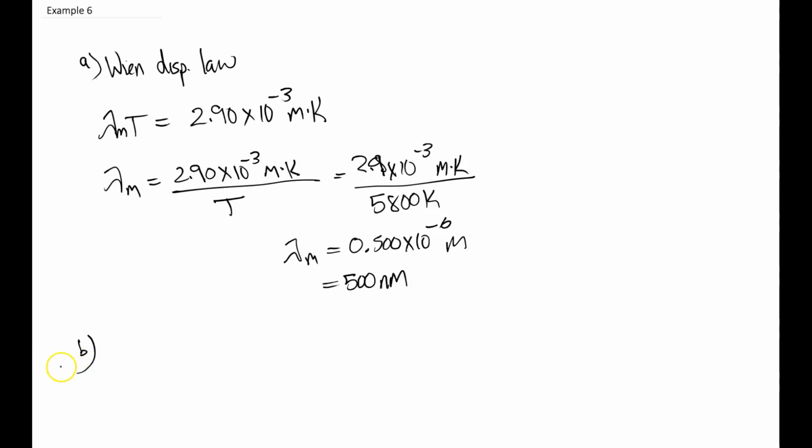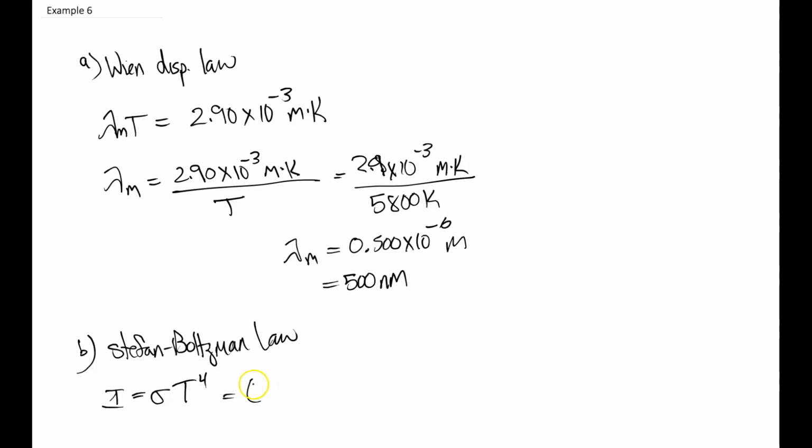And for part B, we can use the Stefan-Boltzmann law, which says that the intensity is equal to the Stefan-Boltzmann constant times the temperature to the fourth power.